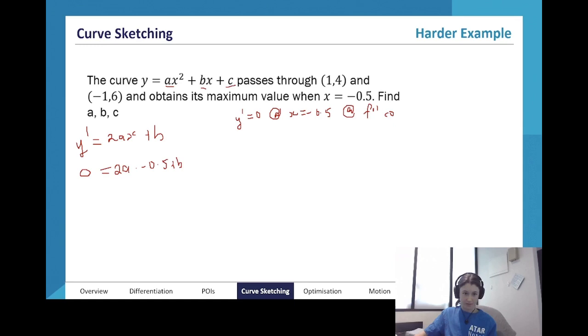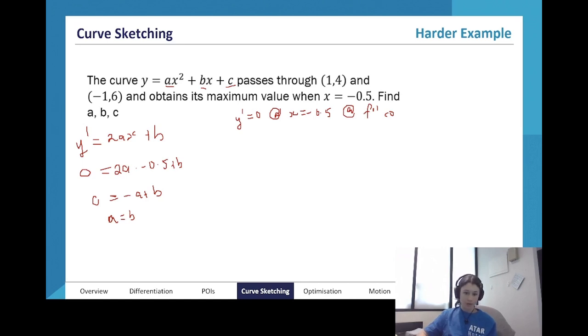So this is going to give us 0 equals negative a plus b, which gives us that a is equal to b. So this is really helpful information. We don't yet have a value, but what we do have is some more information that we can use using maybe some simultaneous equations.